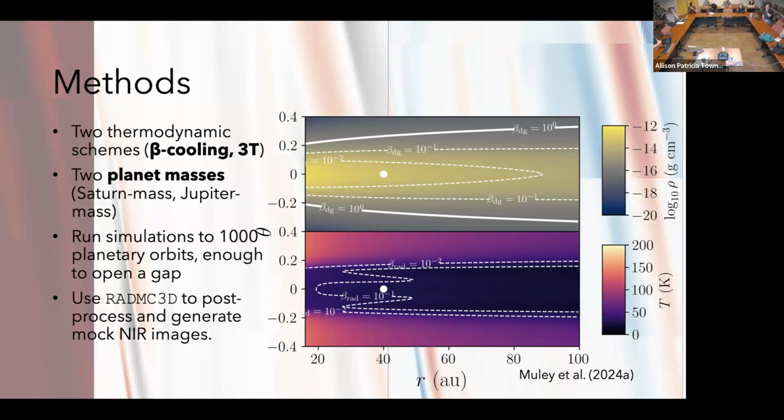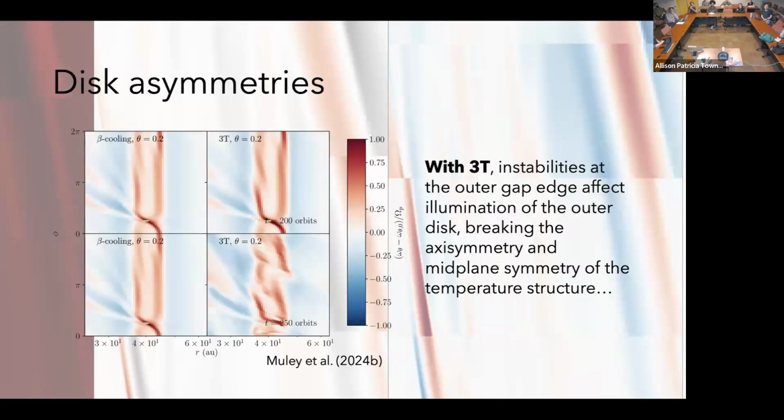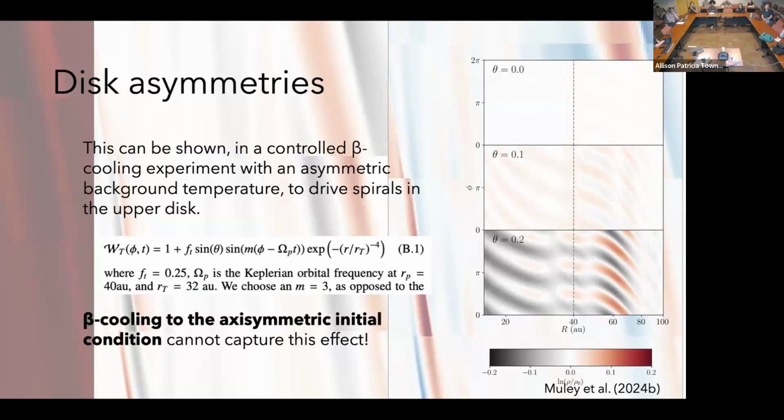And I have another question. From your simulations, it seems like if there's any planet and disk interaction, it's very easy to create spiral-like structures from these 3D simulations in the scattered light image in H-band. But if we observe any of those disks that doesn't have any evidence of spiral arms, then can we comfortably say that it seems not to have a planet?